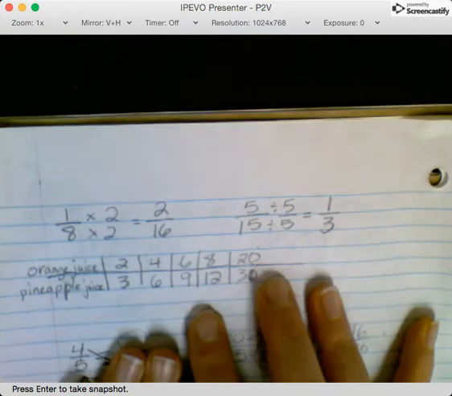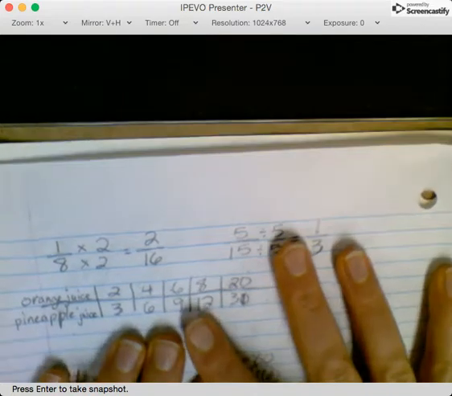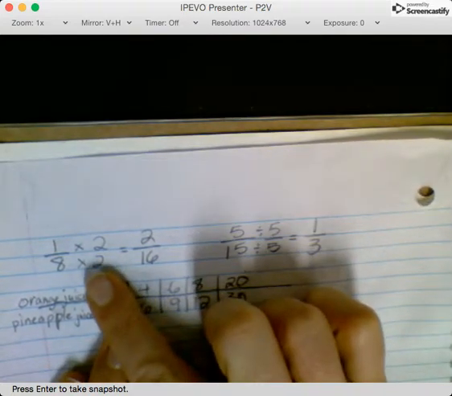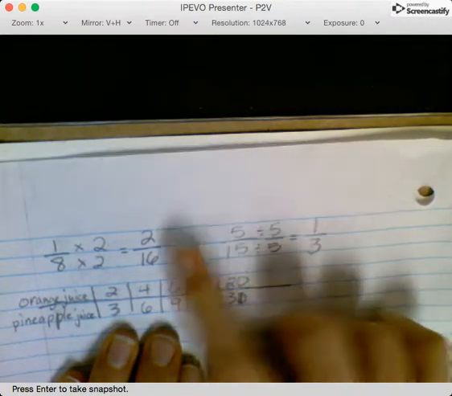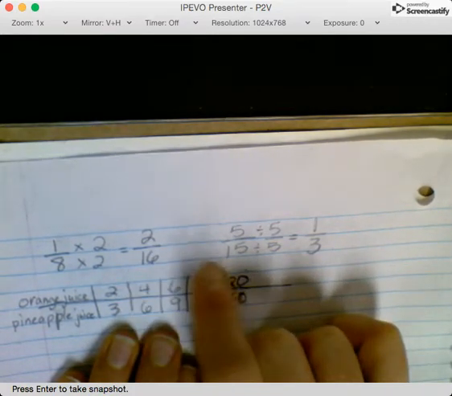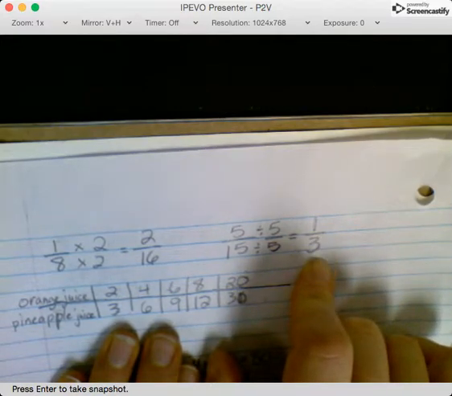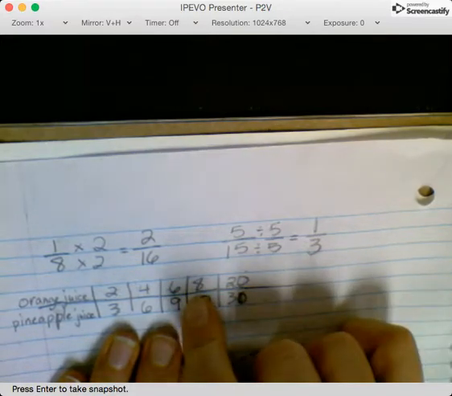So, if you recall, with ratios, this is from the last lesson, we talked about how to multiply or divide the top and the bottom both by the same thing in order to get an equivalent fraction or a ratio.